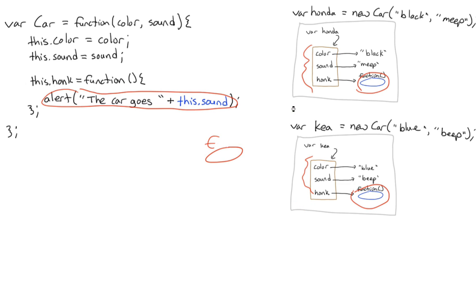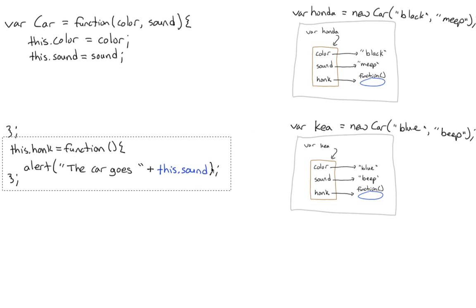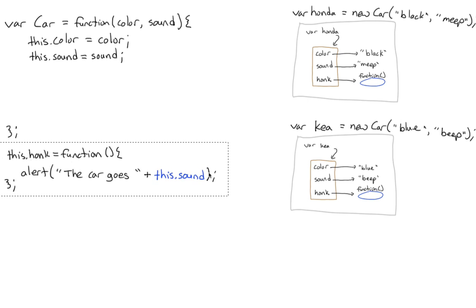So let's see what that looks like in the code. The first thing I want to do is move this code out of this function. So this is going to come out here.